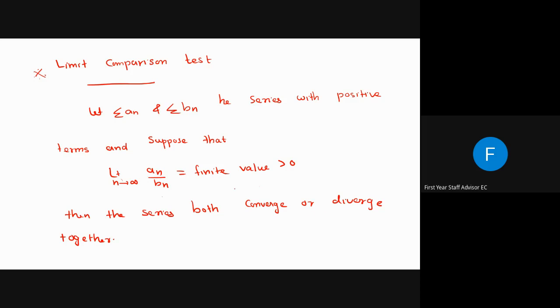If an converges, bn converges; if an diverges, bn diverges. If one is convergent, the other automatically converges. If one diverges, the other also diverges.